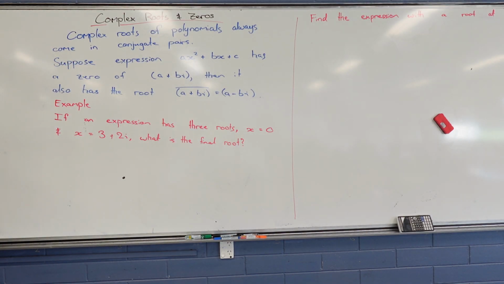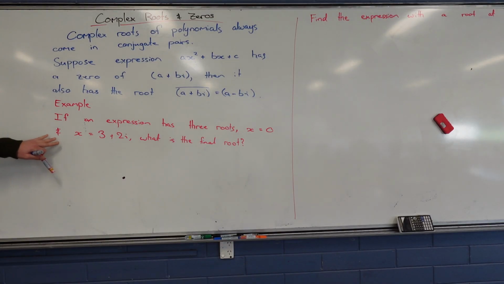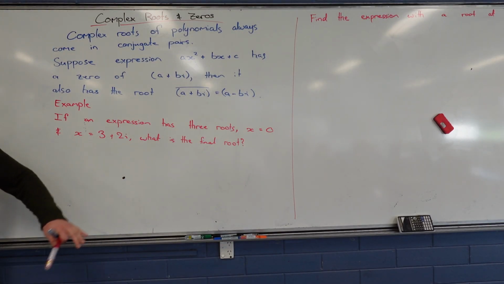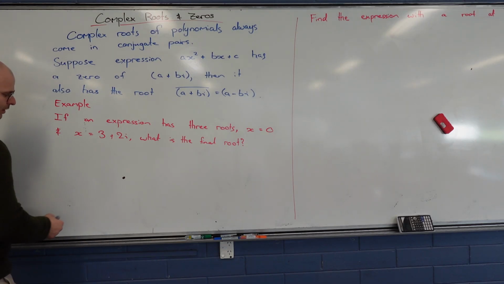So if we turn our attention to number one: if an expression has three roots, x equals 0 and x equals 3 plus 2i, what is the final root to this expression and why? X equals 3 minus 2i.